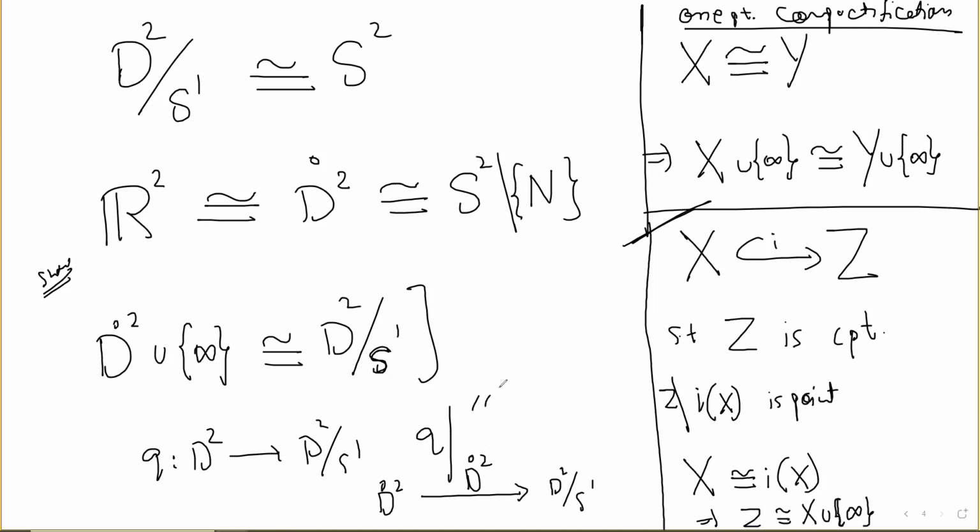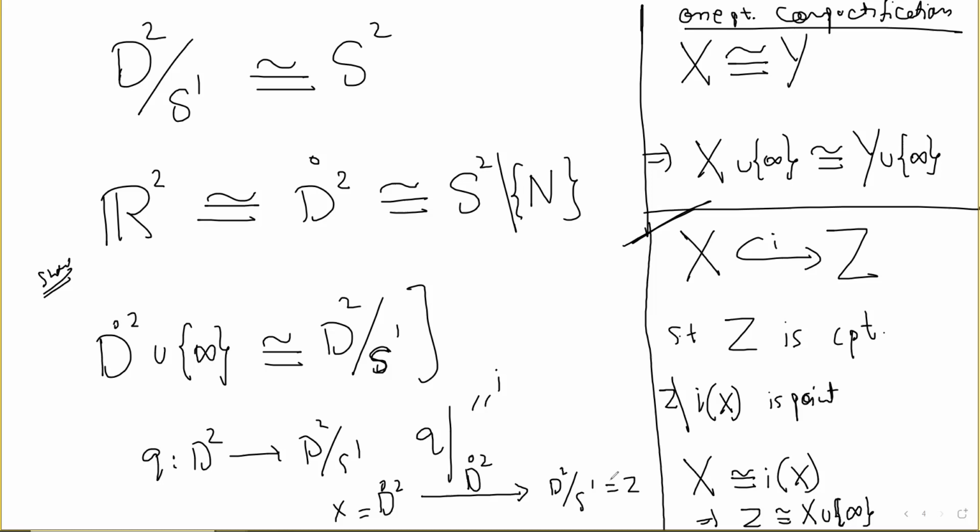And basically this is playing the role of your I, and this is your X, and this is your Z. Then by that property, it's a one point compactification, because Z minus the image of the open disk is only a single point, and Z is compact. Yes, but what you're saying, you can also do it like that.